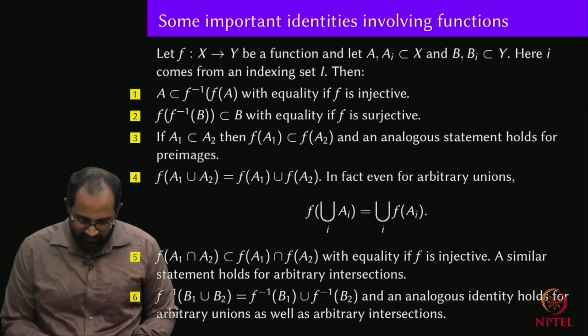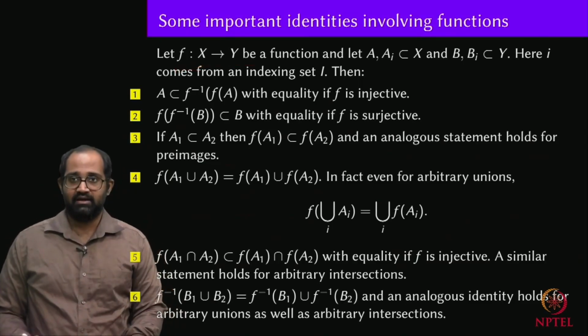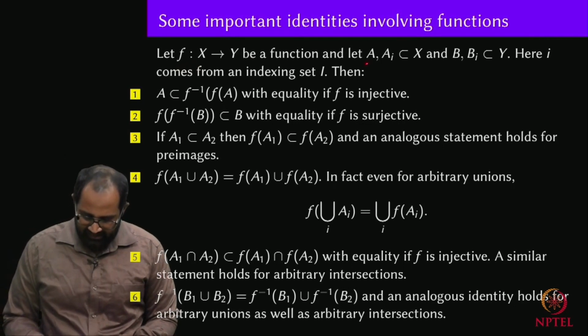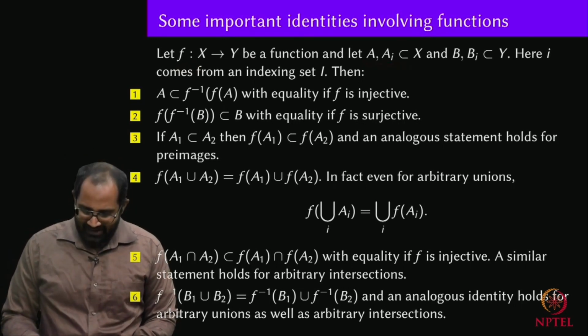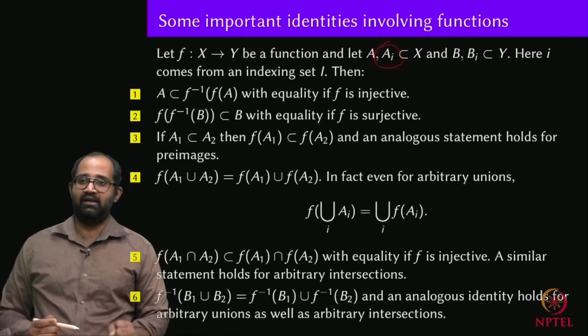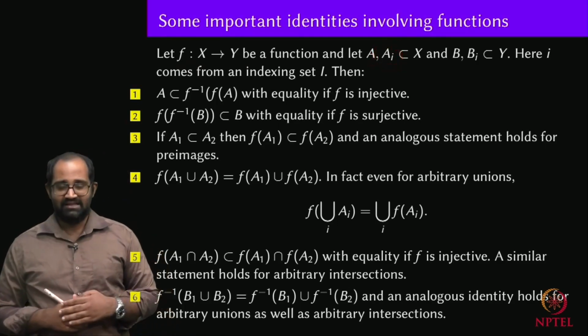Okay. Start with a function f from X to Y and take sets A a subset of X and an indexed collection of sets A_i. Please recall what this means.